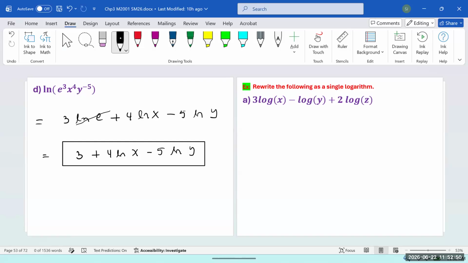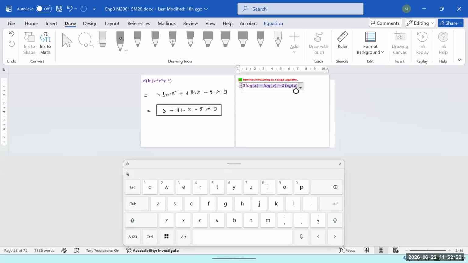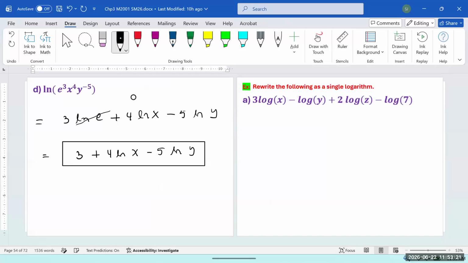For example, let me actually put one more thing here. Minus log of 7. Okay.